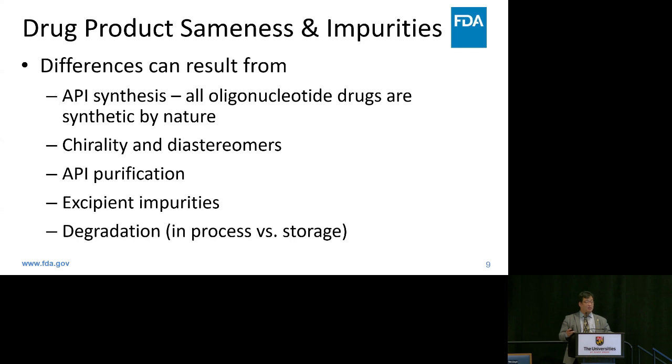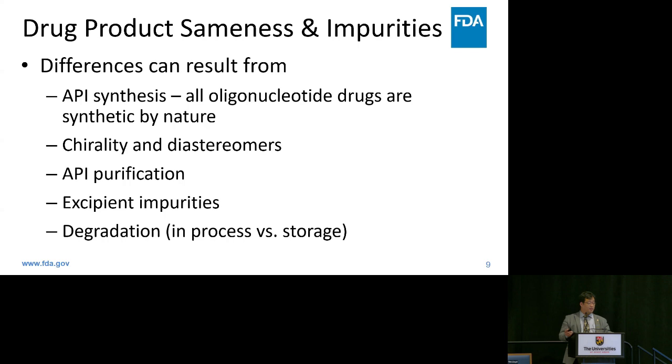Chirality and diastereomers, this happens, especially in the nature of this synthetic scheme and what you're putting into the system to try to preserve the stability of these products. And the body is rife with RNases that are just angling to take out these oligonucleotides.